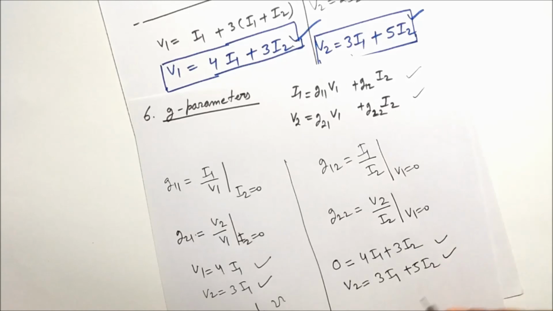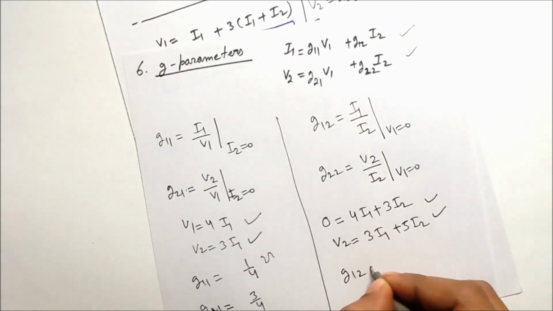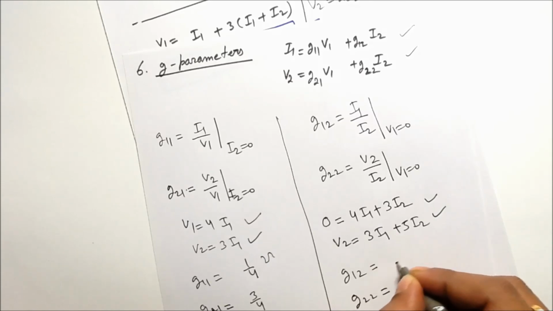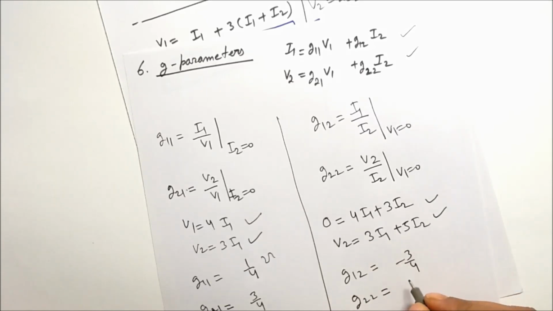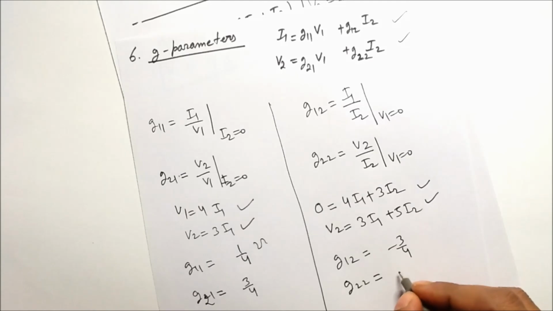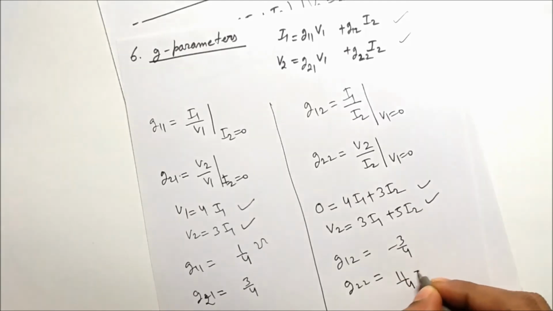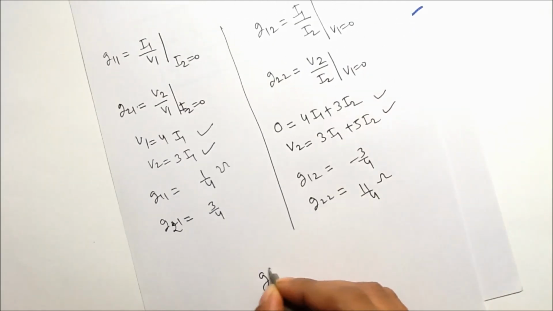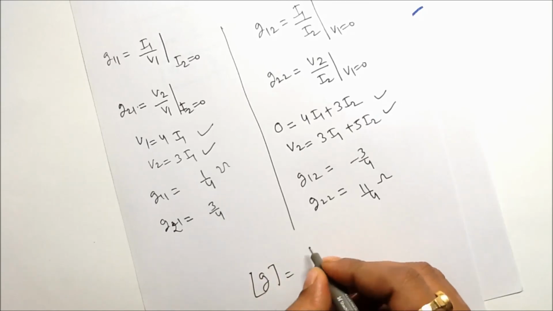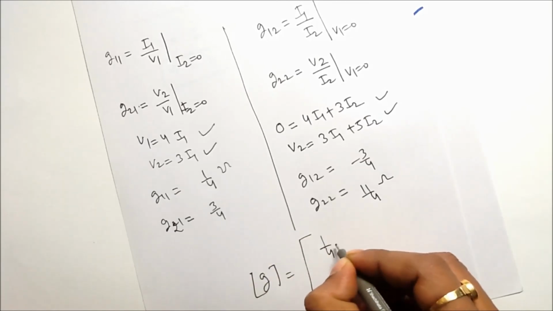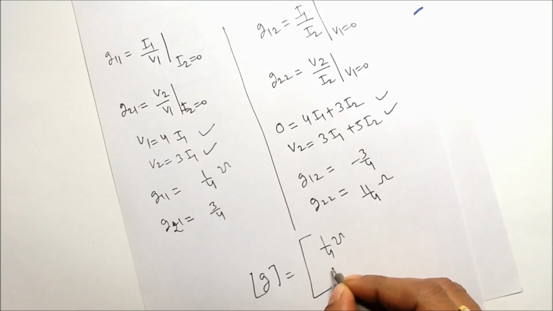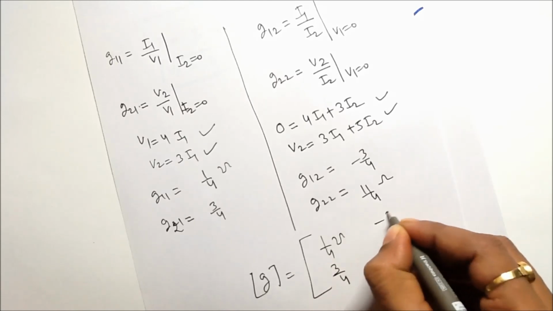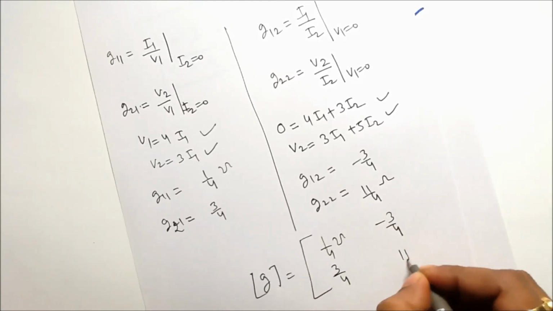With the help of these two equations, you have to calculate the value of G12 and G22. G12 will be minus 3 by 4 and G22 will be 11 upon 4. So the G parameters will be 1 upon 4, 3 upon 4, minus 3 upon 4 and 11 upon 4.